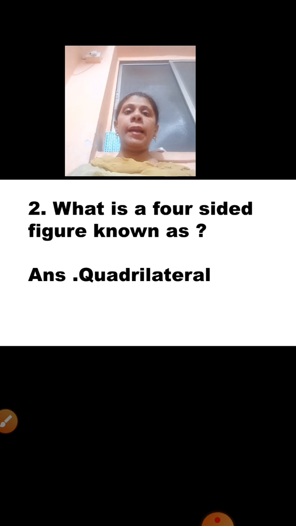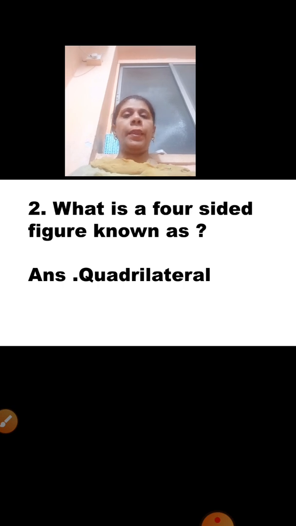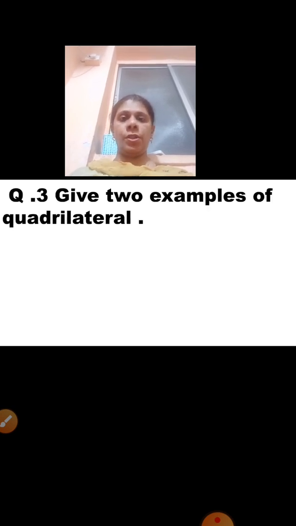So you are going to write this spelling in your book and you are going to repeat it 5 times. Quadrilateral. What is a 4-sided figure known as? Quadrilateral. Okay. Now we'll come to the next question.